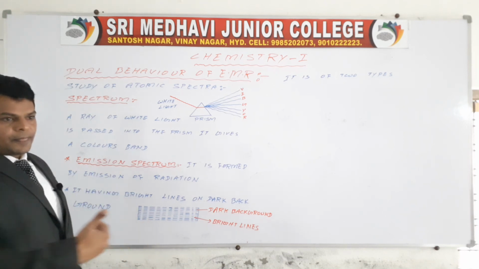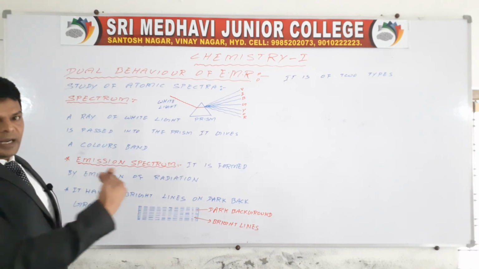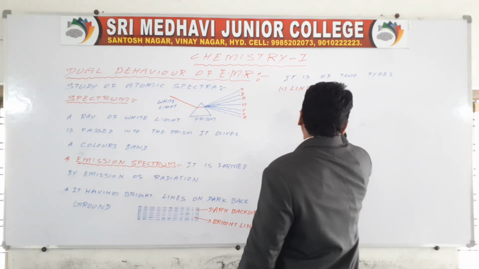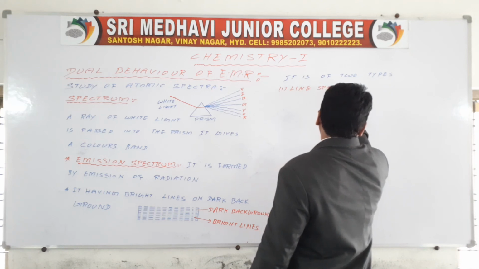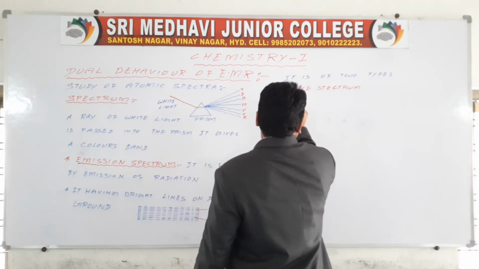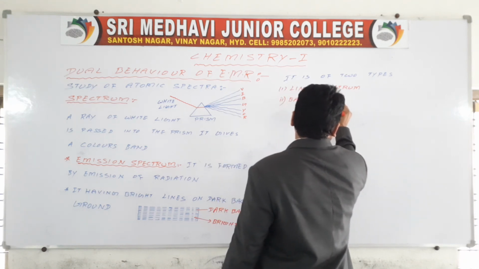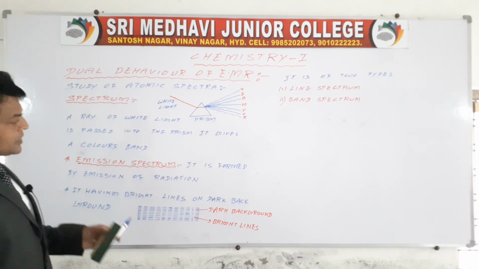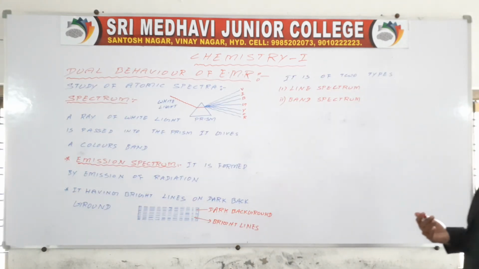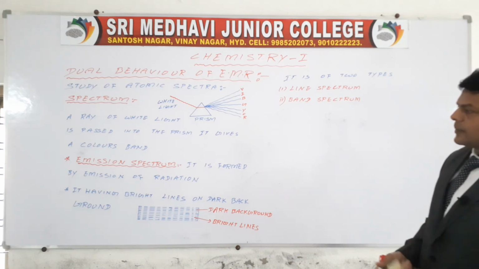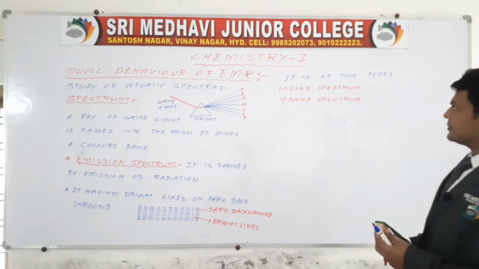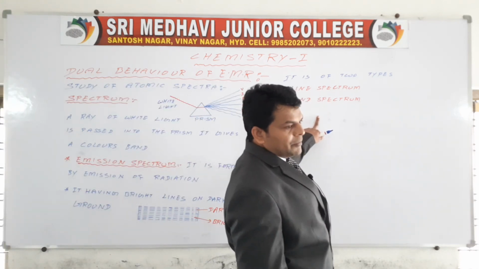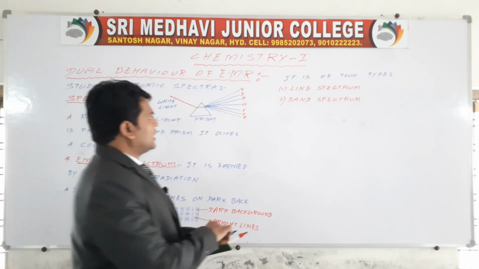First one, continuous, and then discontinuous. The discontinuous one is again divided into two types, that is nothing but line spectrum and band spectrum. The first one is line spectrum, the second one is band spectrum. Now you have to know what a line spectrum is.